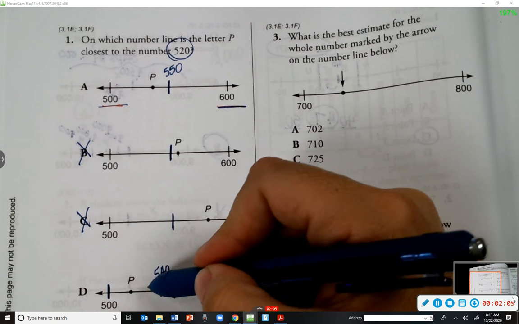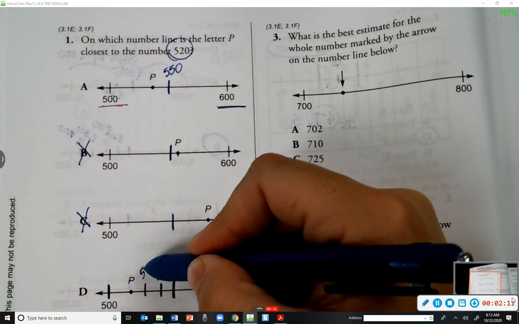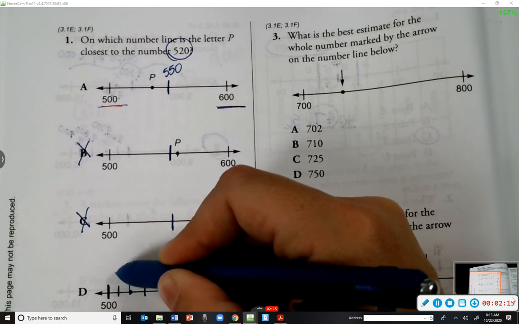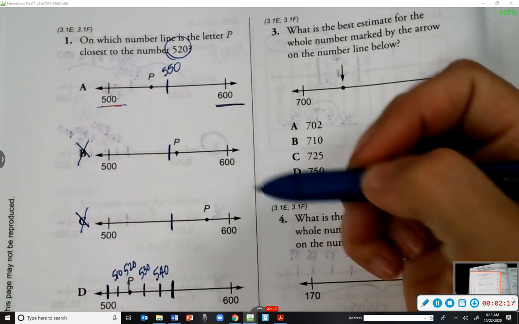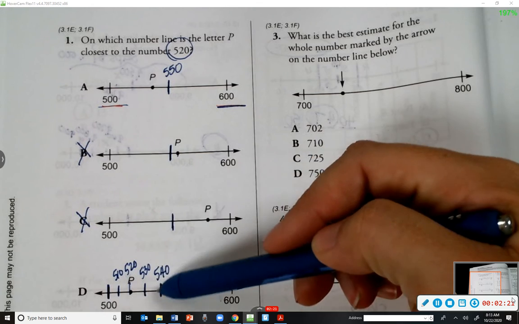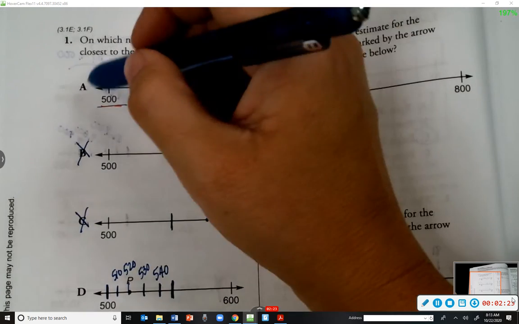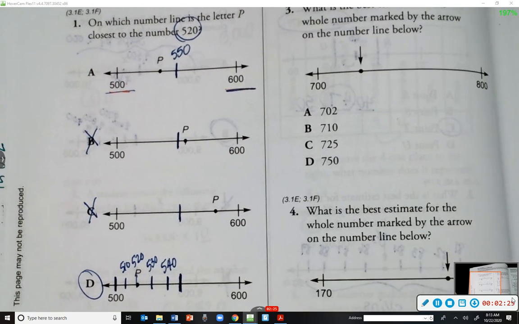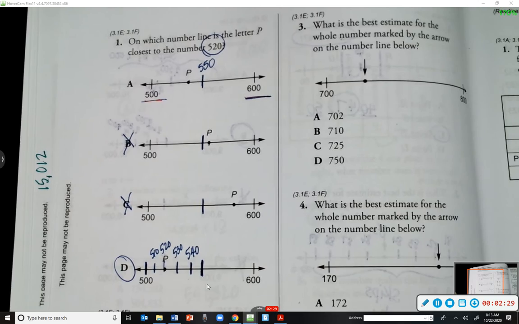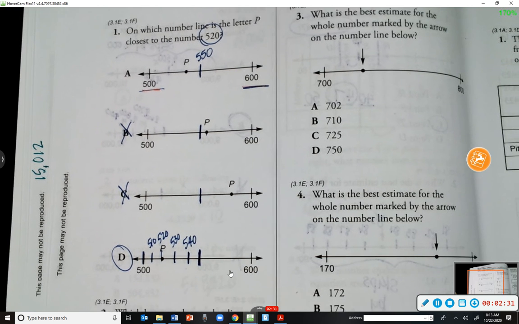Okay? So this would be about 530, 520, 510. So this dot right here is probably closer to 540. Okay? So D was correct. You got it right?